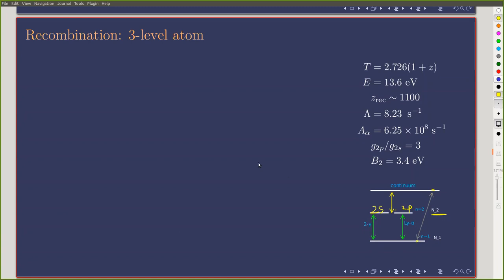Now we can write the rate of this two photon process is this per second, and the rate of Lyman alpha transition is much larger. It's like 8 orders of magnitude larger than this.